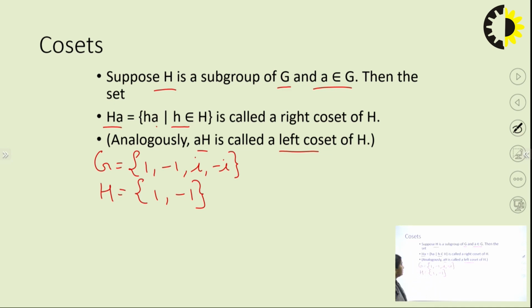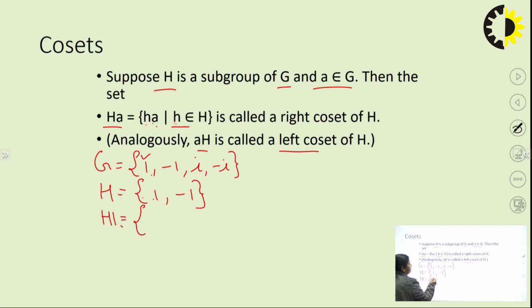First, I will have a right coset corresponding to 1, because we need to take A belonging to G. So what are the elements of G? 1, minus 1, iota, minus iota. So firstly I am taking the first element. So my one right coset is H1. What will be H1? It will be the right coset HA. It means the H element is from H and the A element is from G, that is 1 in this particular case.